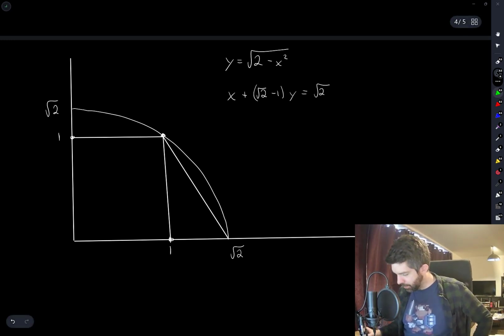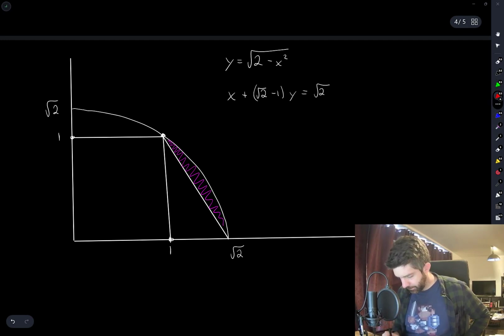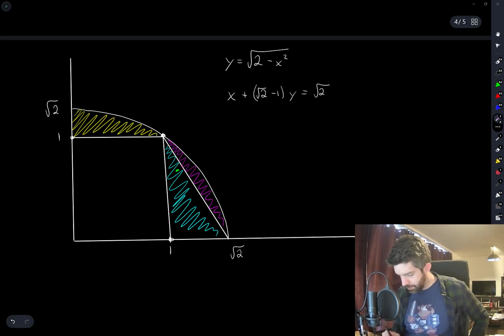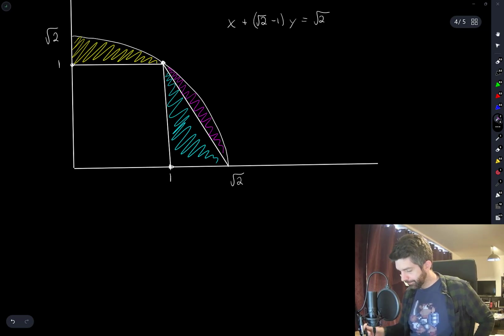The area we're looking for is this shaded region. But what we can recognize here is that if I take that shaded region and that shaded region, the blue region and the pink region add up to the same thing as the yellow region.